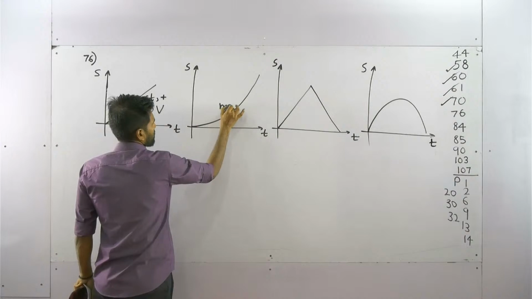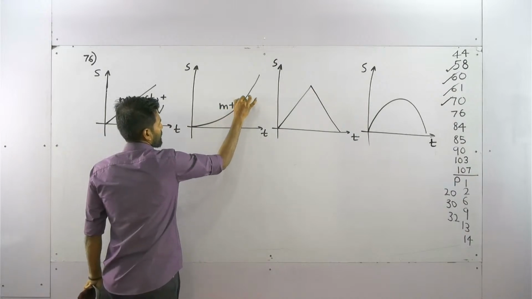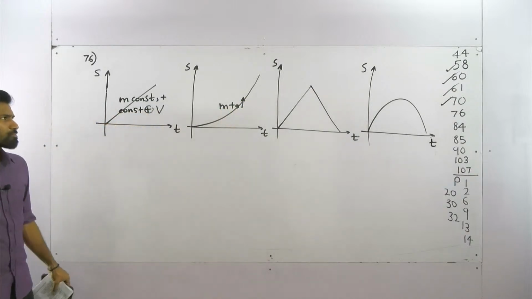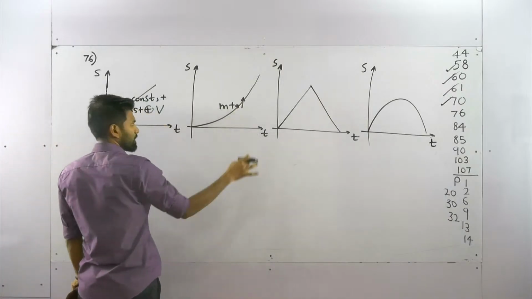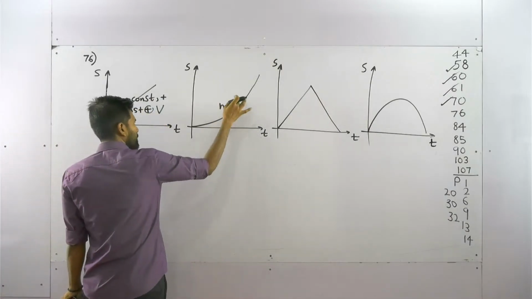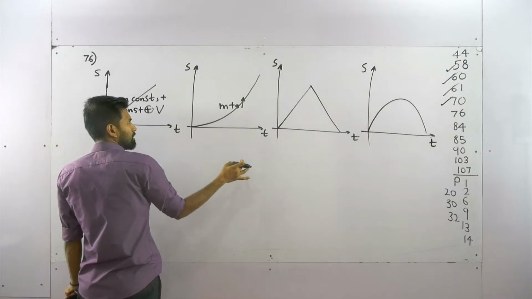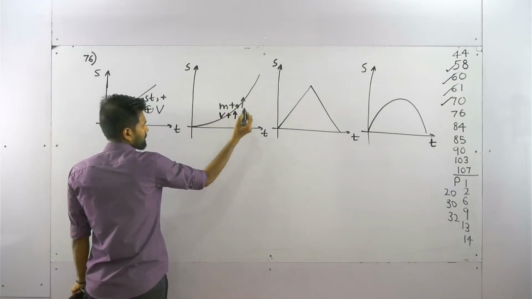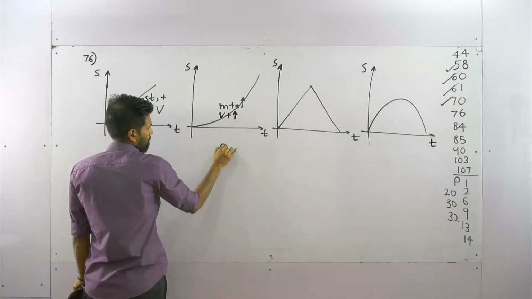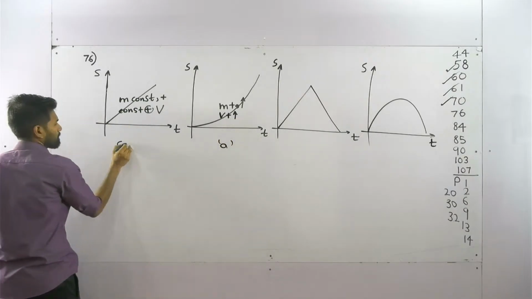Here the gradient is positive and increasing. So the positive increasing gradient means the velocity is positive and it's increasing. It's acceleration. This is a constant velocity.